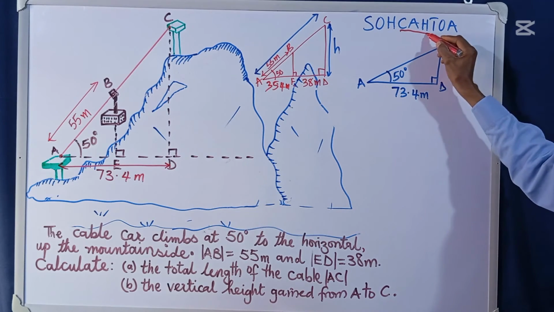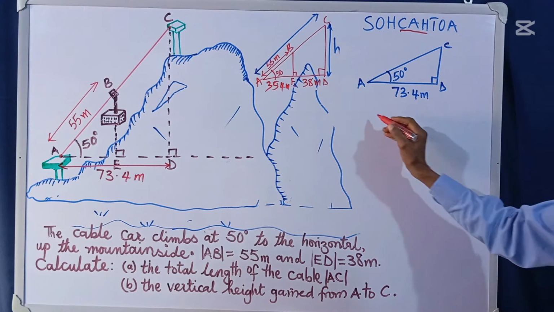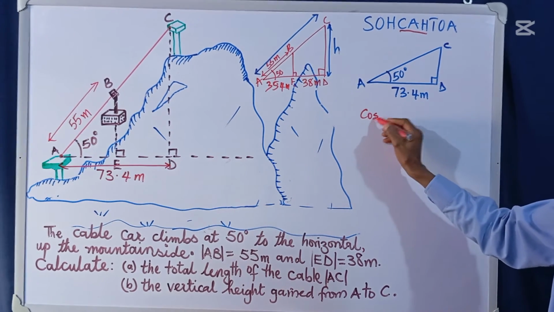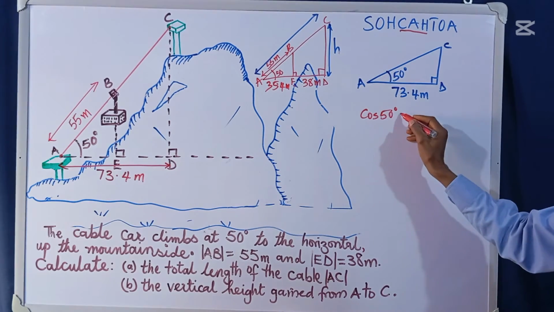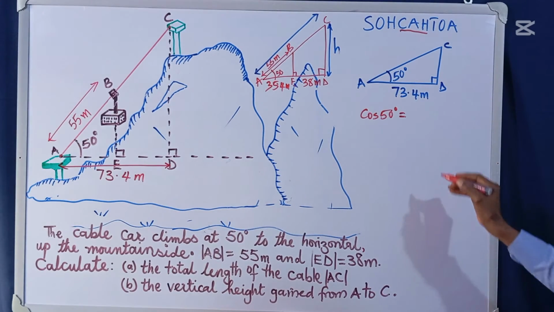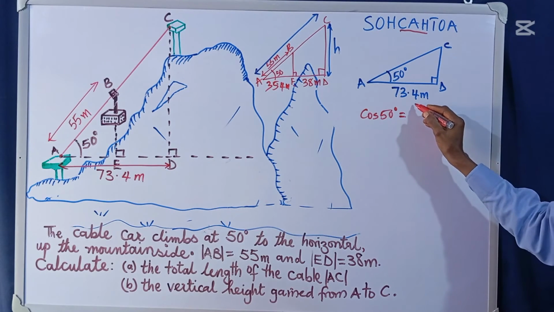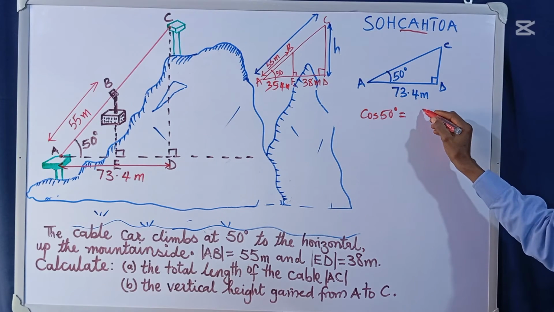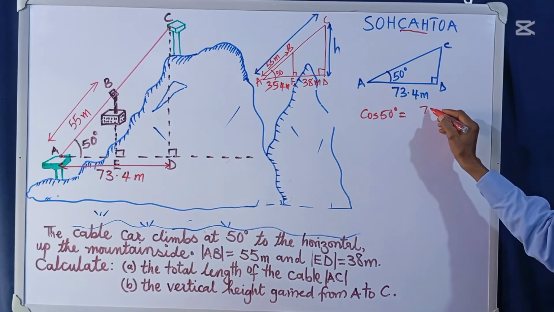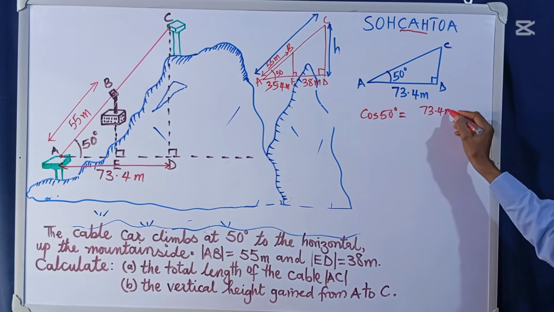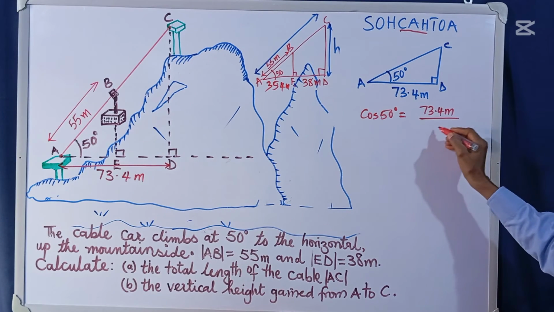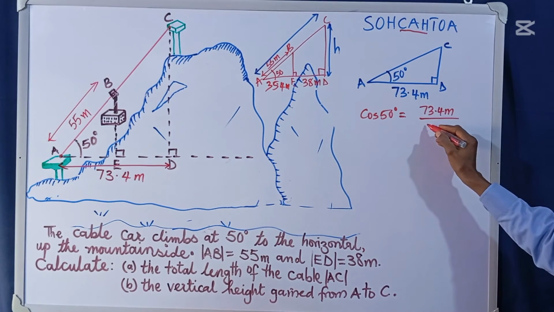Which is cos. So we're going to say cos 50 degree is equal to the adjacent over hypotenuse. So it's going to be 73.4 meter over AC.